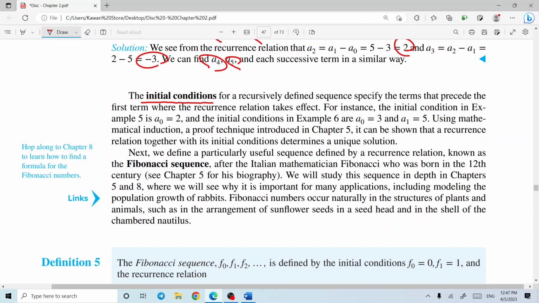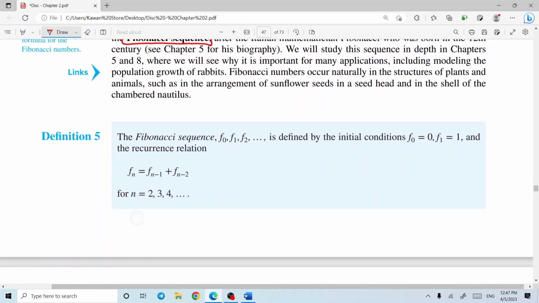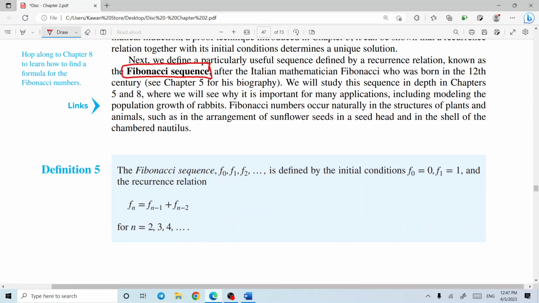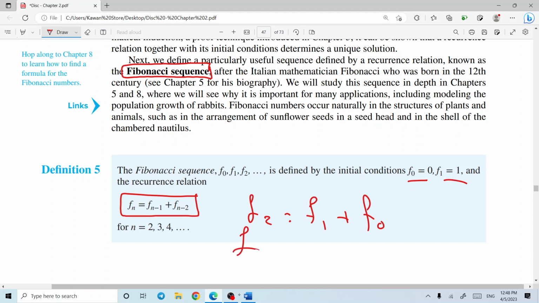You got it, dear? Now we are going to talk about the Fibonacci sequence, which has many applications. It's everywhere actually: in the golden ratio, in music, the piano, anything you want. How is the definition? We have two initial values, 0 and 1. Then we find F2 by F2 equal to F1 plus F0, F3 equal to F2 plus F1, and go on.